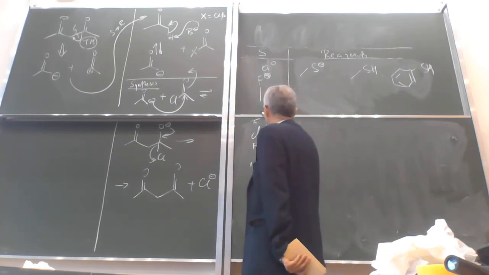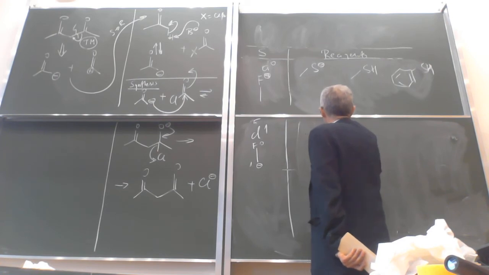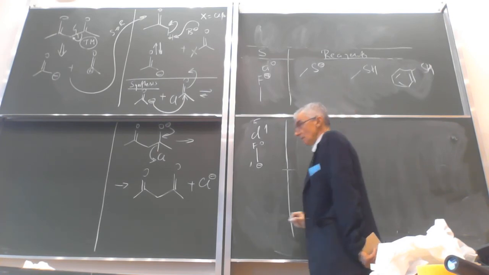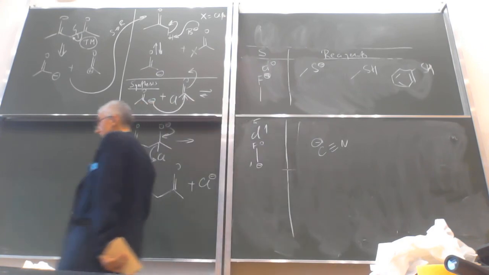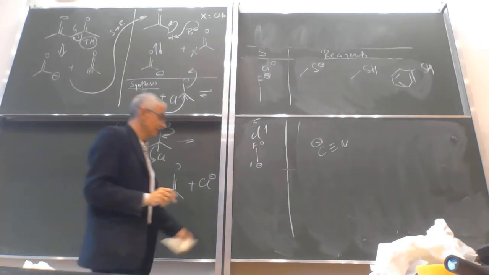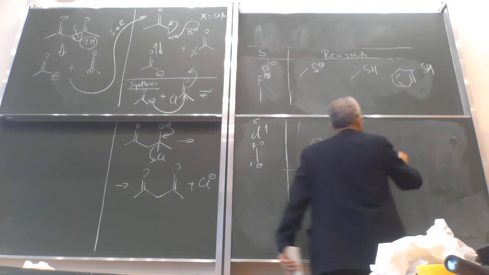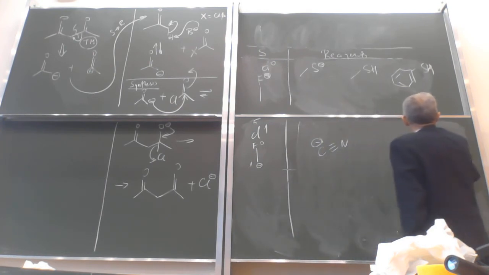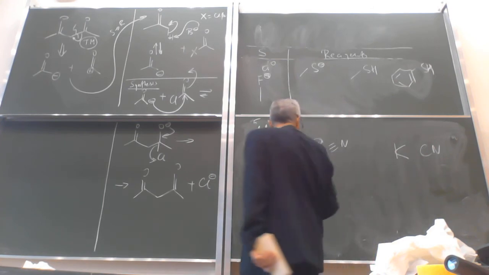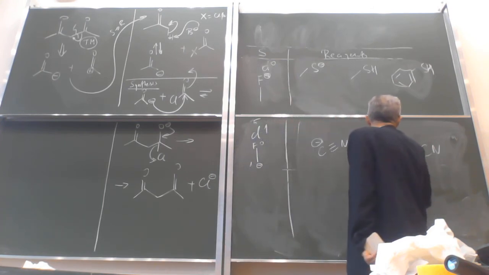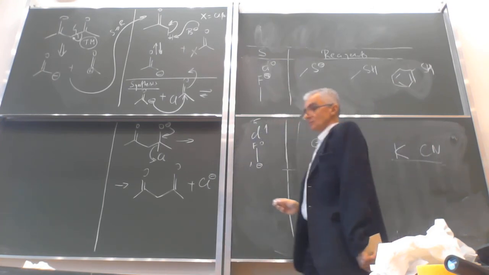So 0, 1, an example. Is the nitro function, and potassium cyanide as an example of such a well-known reagent.